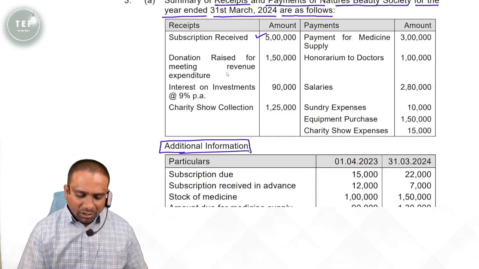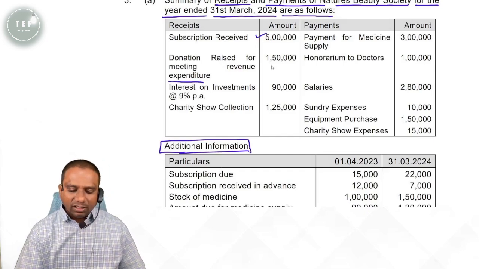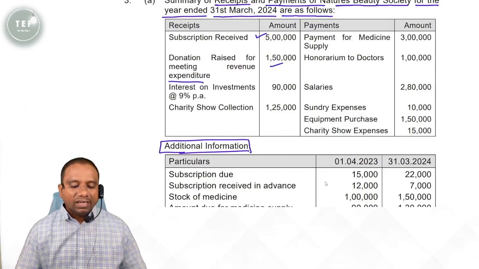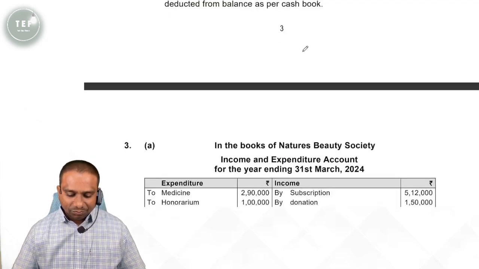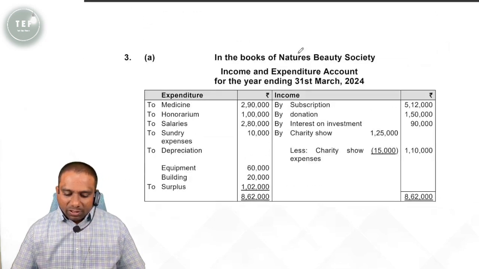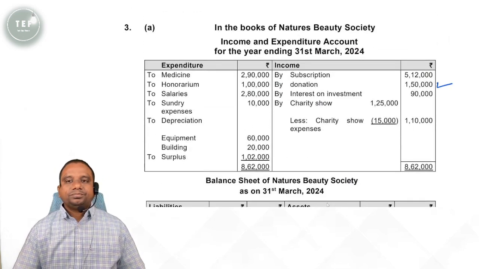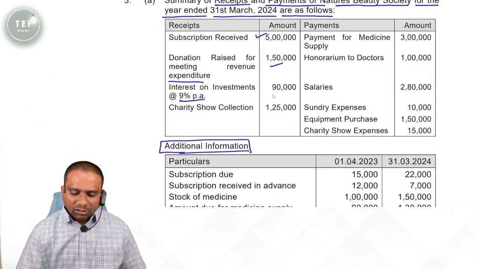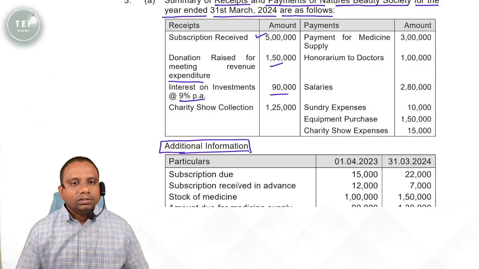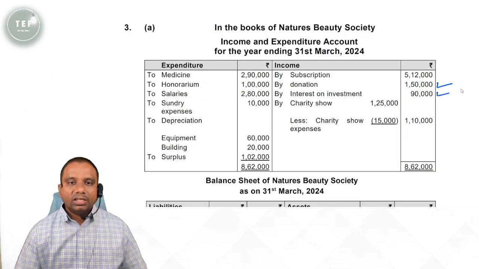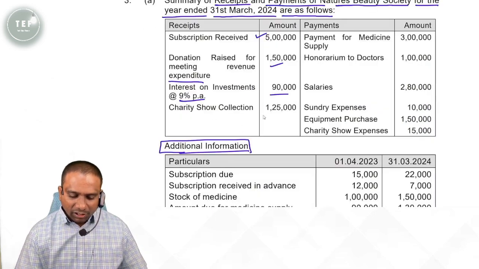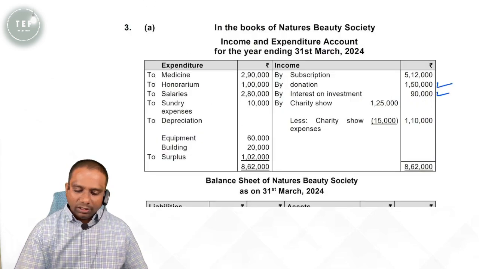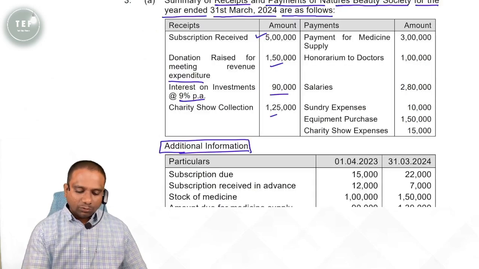Next one. Donation raised for meeting revenue expenditure means directly you can take it to the income and expenditure account credit side. Next one. Interest on investment 9% per annum. Income, so credit. Next one. Charity show collection receipt, so income 1,25,000. Observe, students.